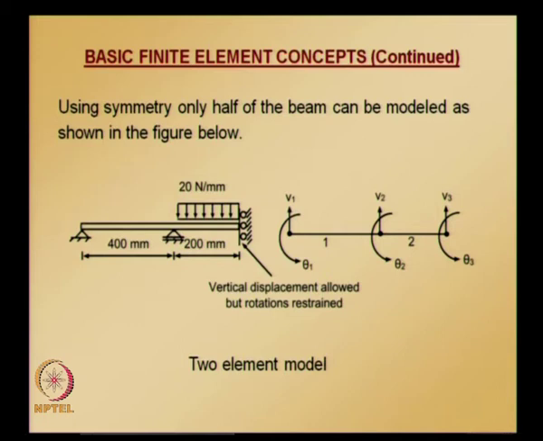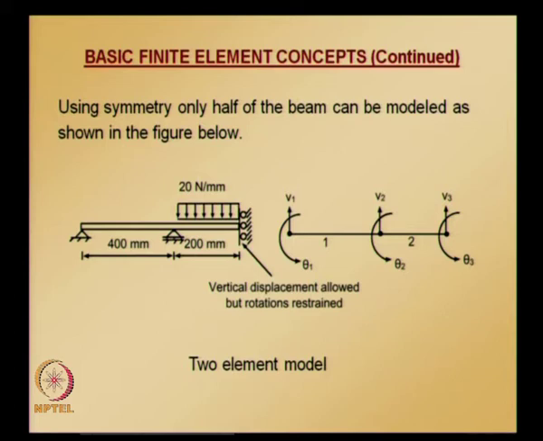In this half model of the 3 span continuous beam, we have 3 supports. So, we use a node at each support, and the minimum we can use is 2 elements.